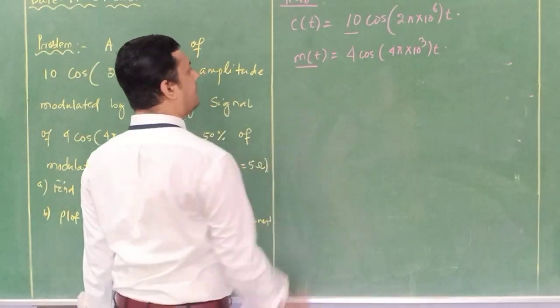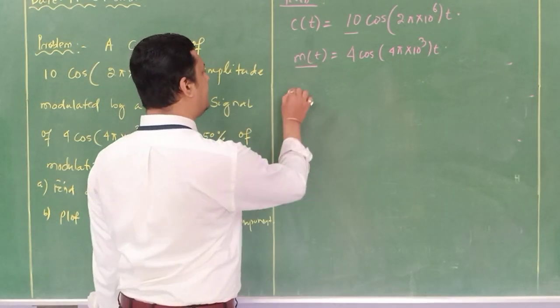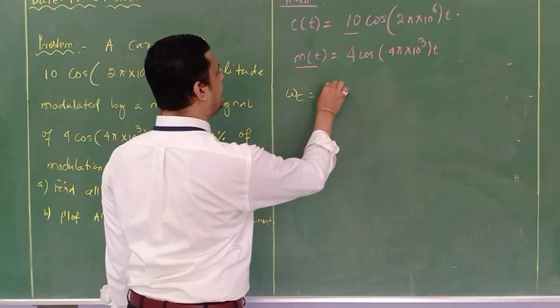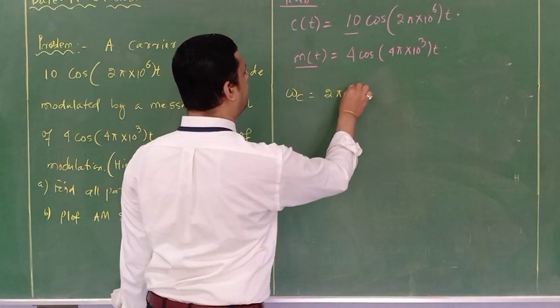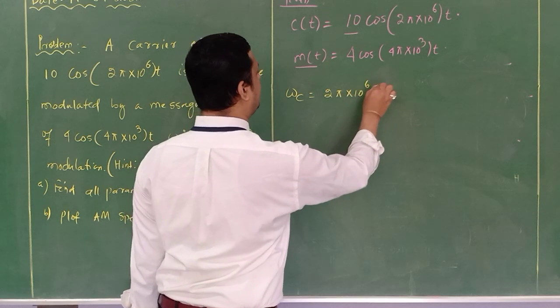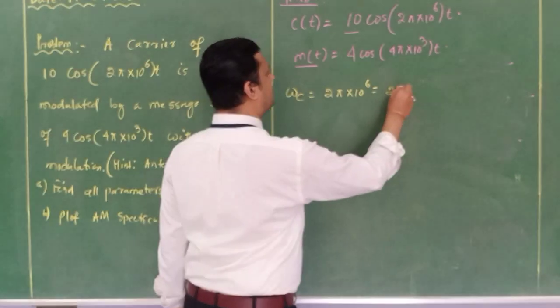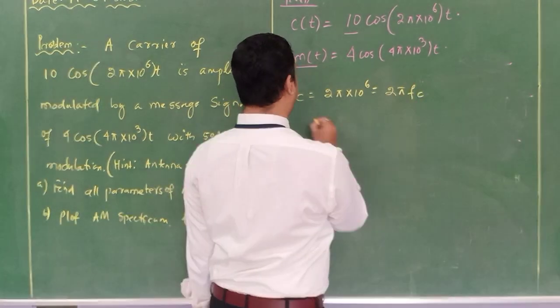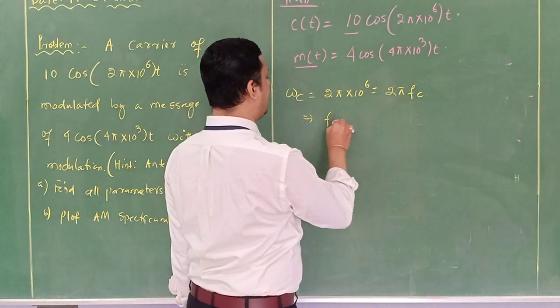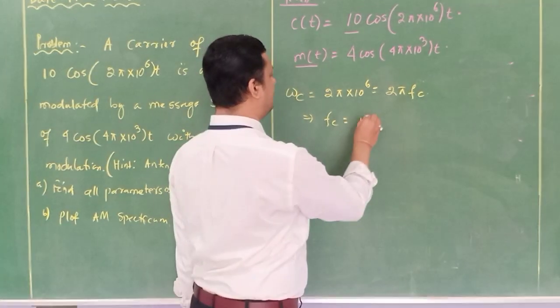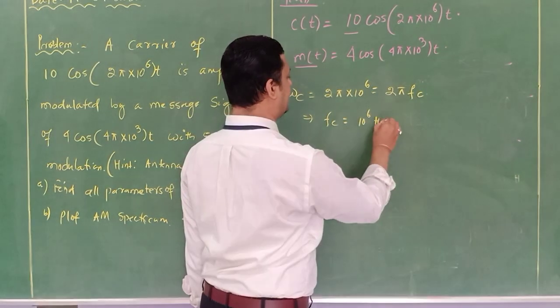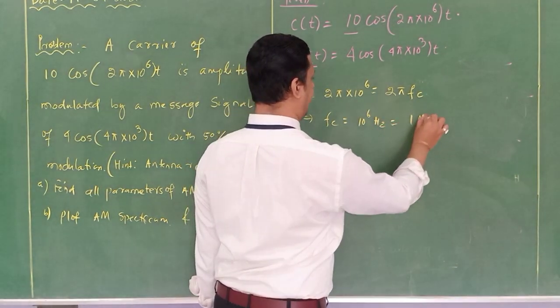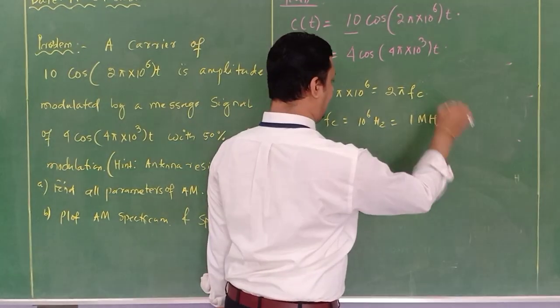So from this equation you can see that omega c is equal to 2 pi into 10 to the power 6, which is equal to 2 pi fc, or I can write fc is equal to 10 to the power 6 hertz, or I will write 1 megahertz.